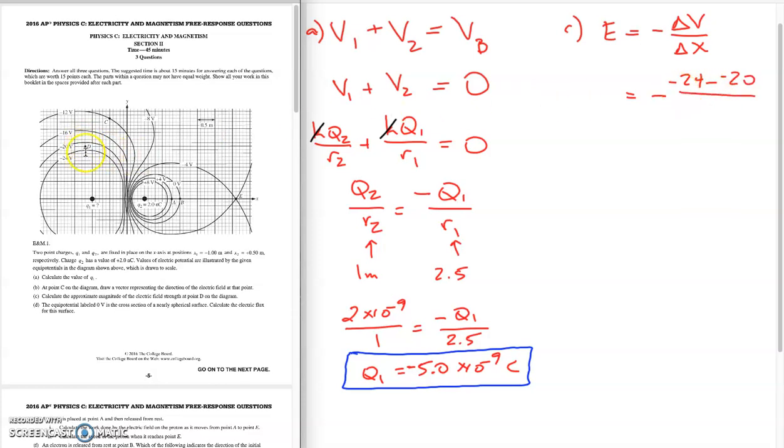And then the distance is 0.2. So this is a difference of 4 over 0.2, which gets us 20 volts per meter, and it points almost nearly straight down.